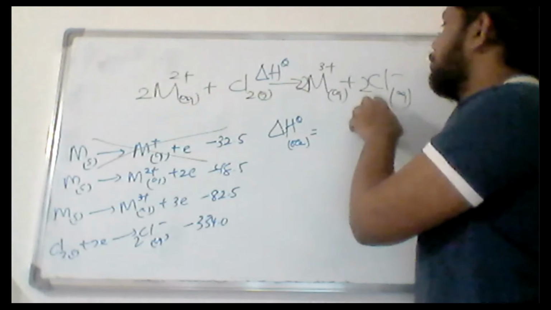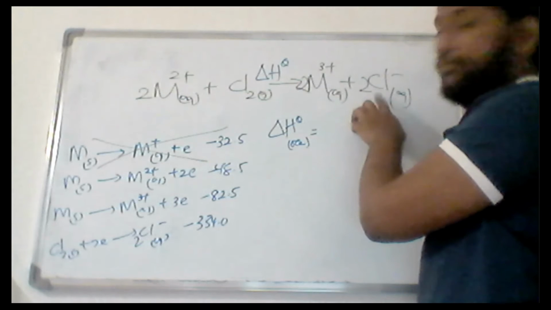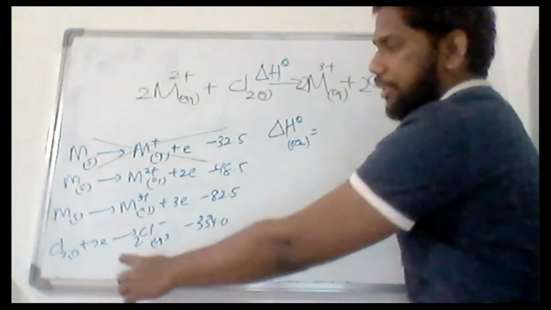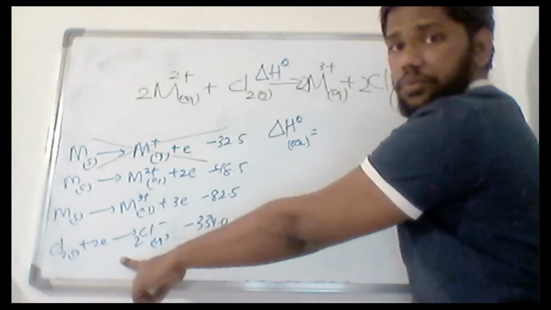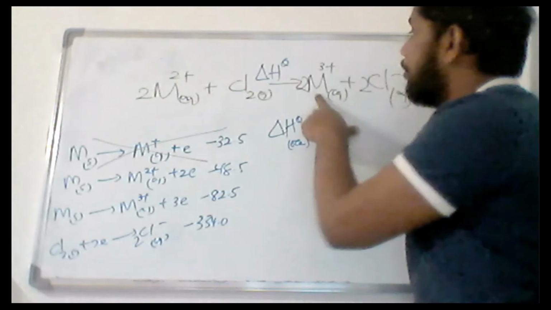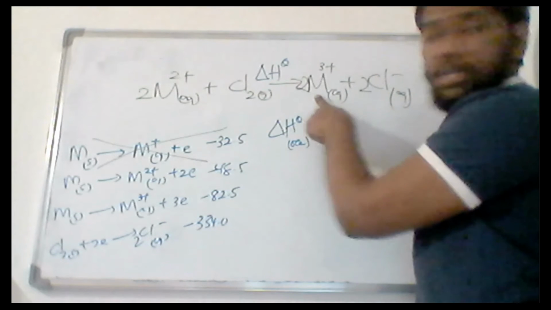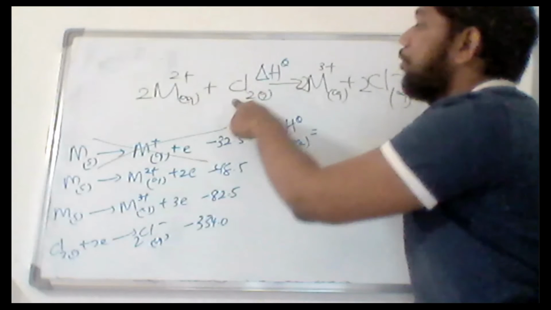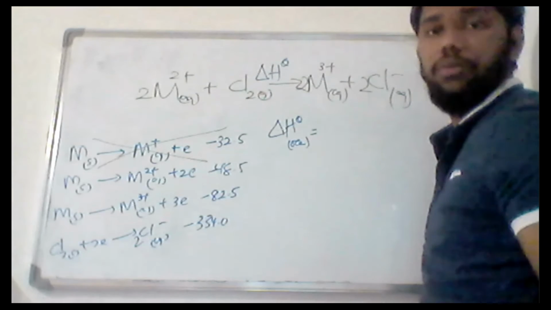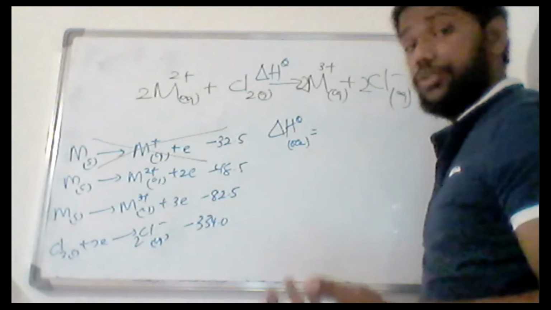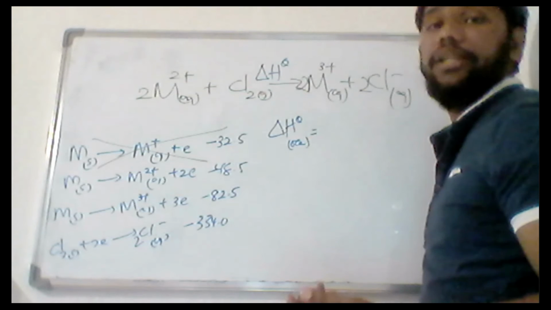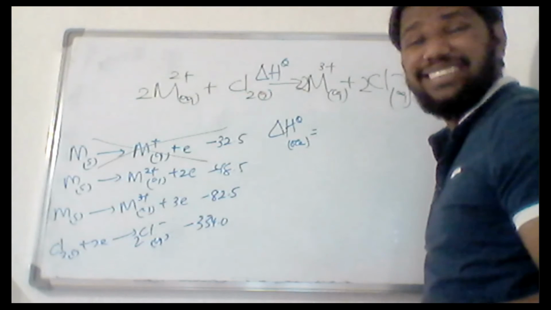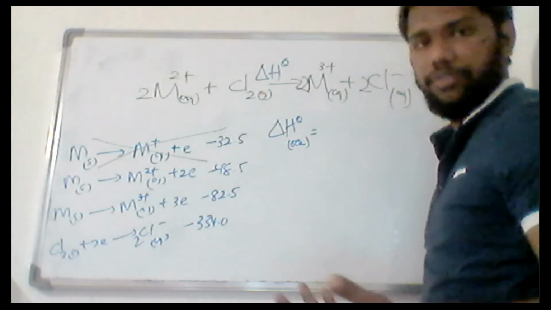So how do you find this one? It is formed from Cl2. And M3+ is formed from M solid, which is given. How do you find Cl2? It will be 0, because Cl2 gas is the standard natural state, so its enthalpy of formation is 0.